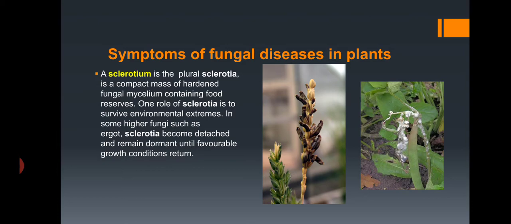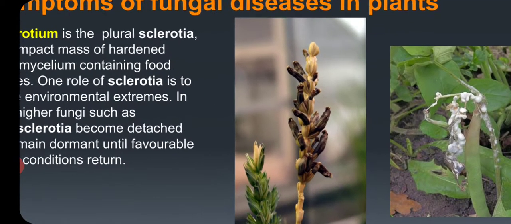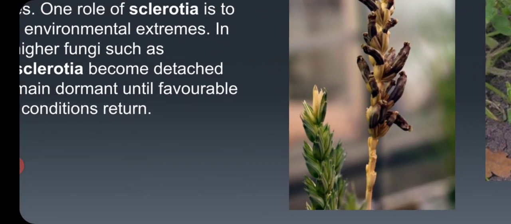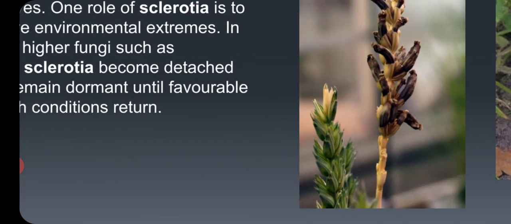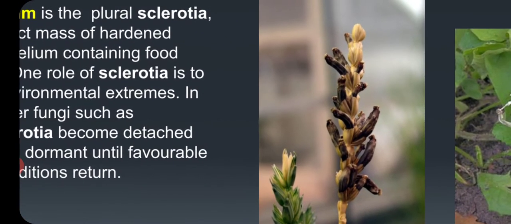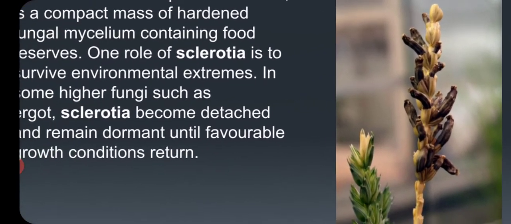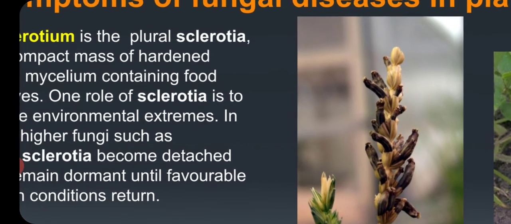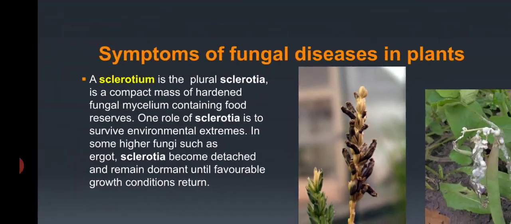The next symptom is sclerotium. Okay, sclerotium, and its plural is sclerotia, is a compact mass of hardened fungal mycelium containing food reserves. So, here this is occurring along with Triticum vulgare, that is wheat. Here we can see these black patches, and it is actually the compact mass of fungal hyphae.